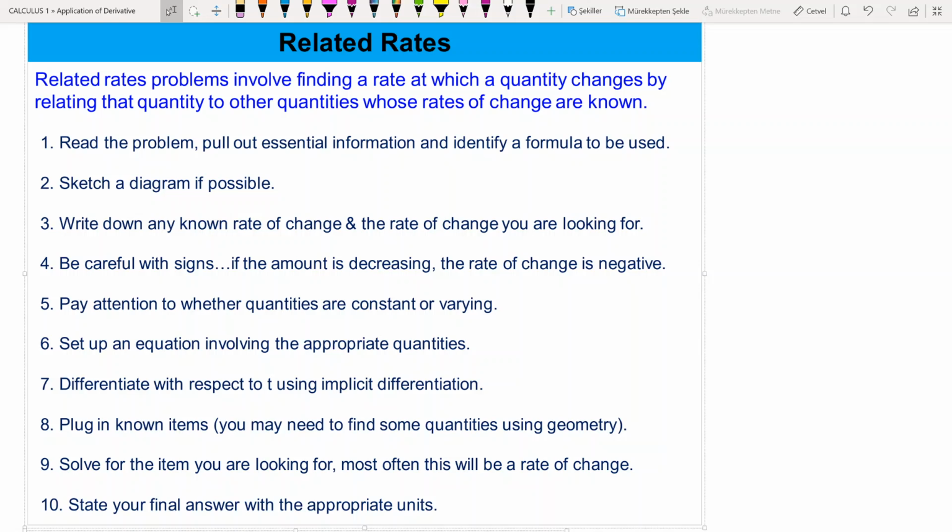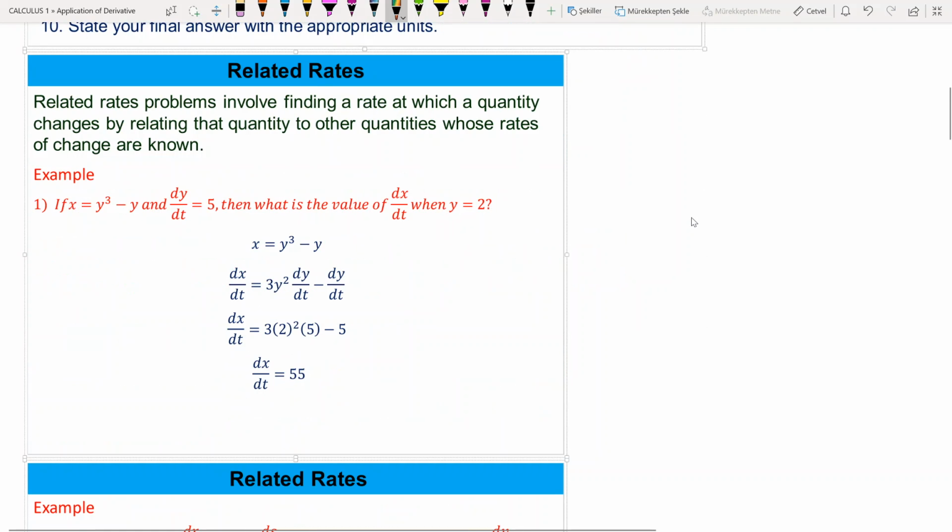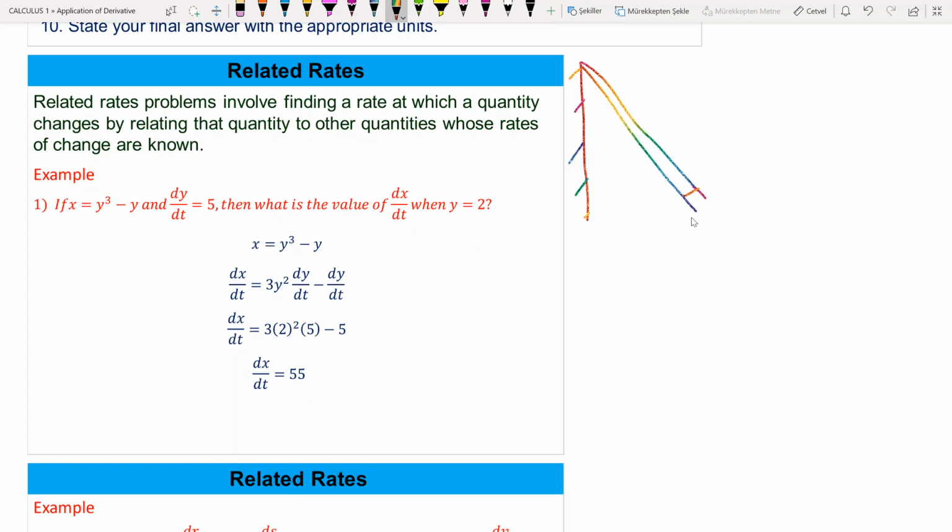There exist a few classic types of related rates problems which you should familiarize yourself with. The first one is the falling ladder problem. The second one is the leaky container.